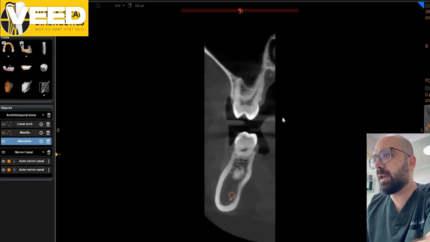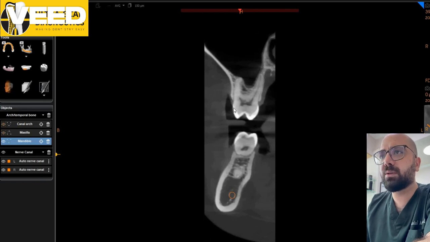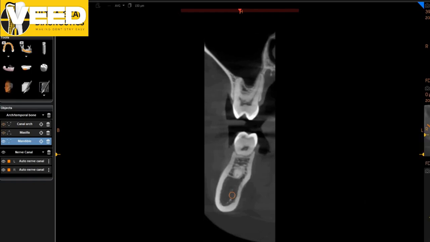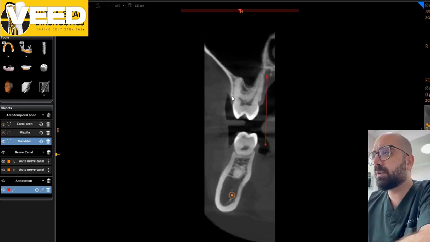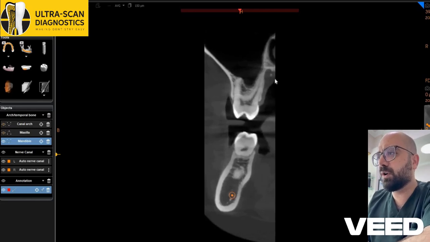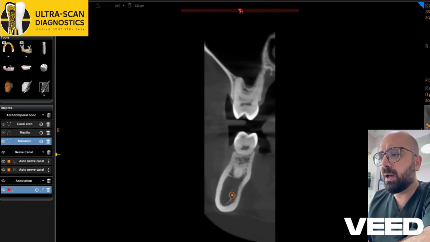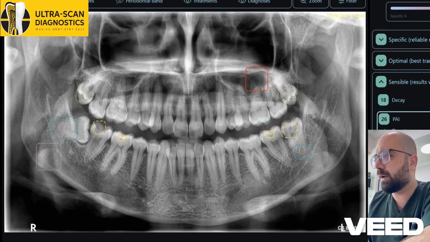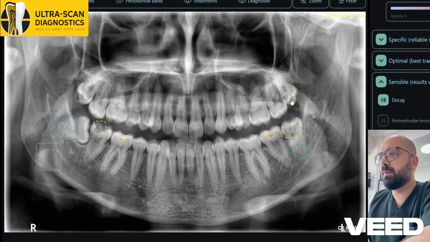The reason why the AI thought there was a radiolucency is because of this particular thing that we see right here. It's just an anatomical landmark from the palate, and hence it is not a radiolucency. So the upper left 6 does not have a radiolucency. We're going to cancel that and remove it from the report.